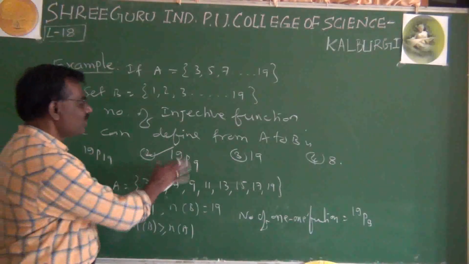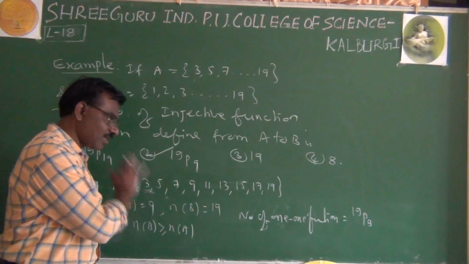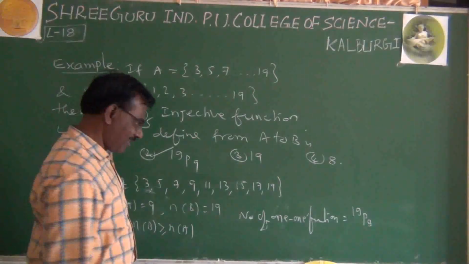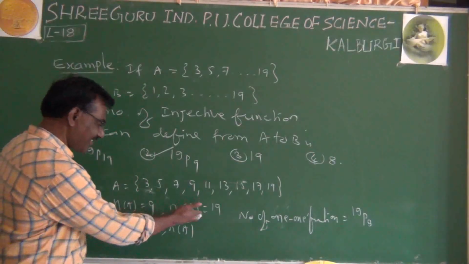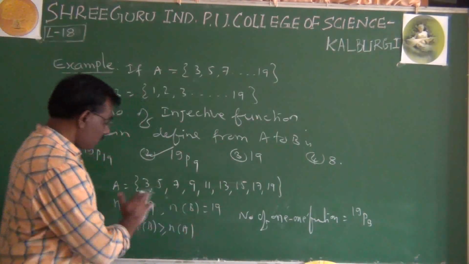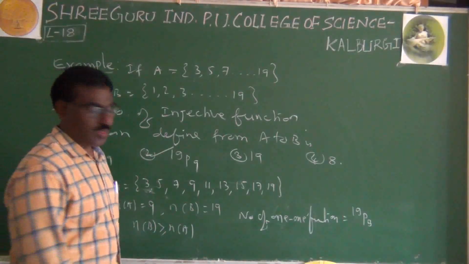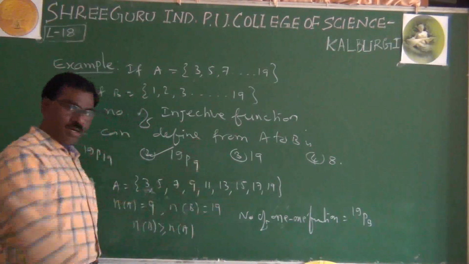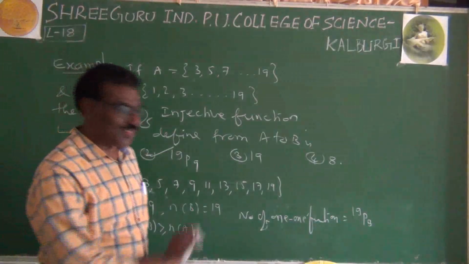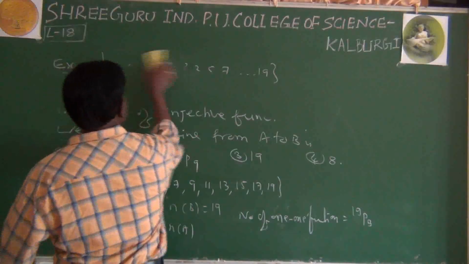So 19P9. समझ में आ रहा है? How many elements here? 9 है. इधर कितना है? 19 है. So the number of this is greater than this. This is greater than this बोले तो A to B. This is greater than this बोले तो B to A. A to B, A बड़ा रहना, B to A बोले तो B बड़ा रहना. This is the logic. So 19P9 is the answer.